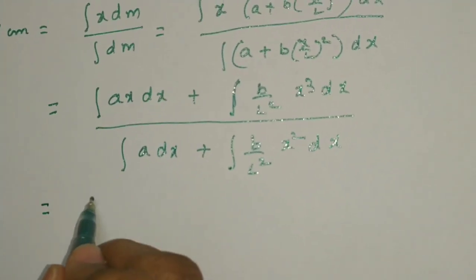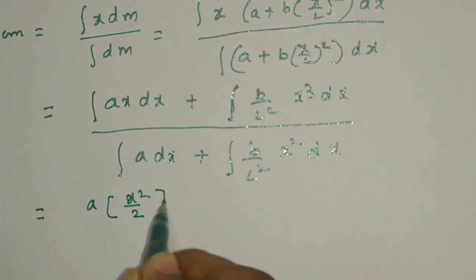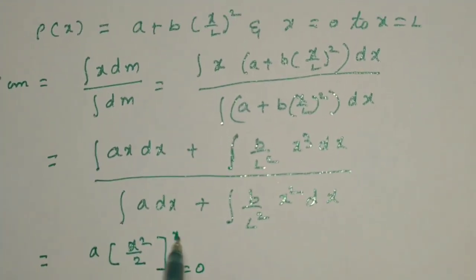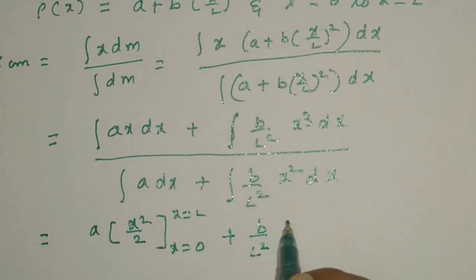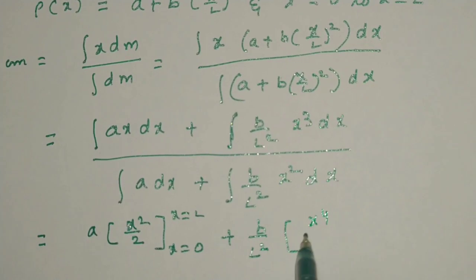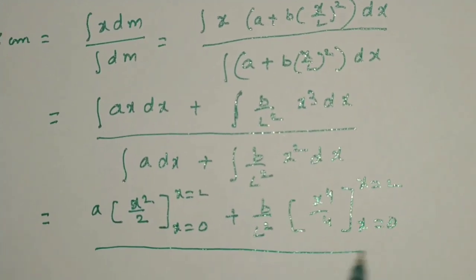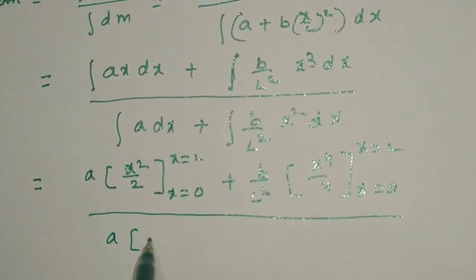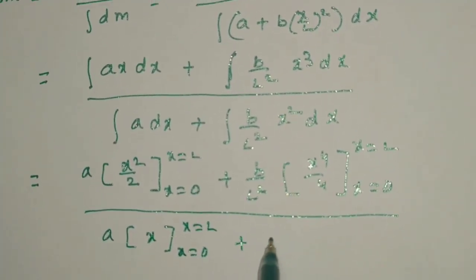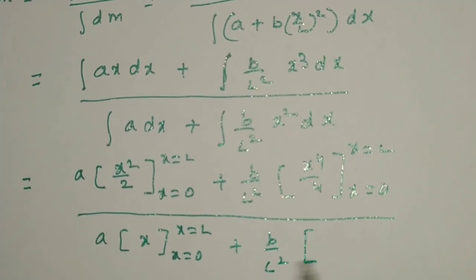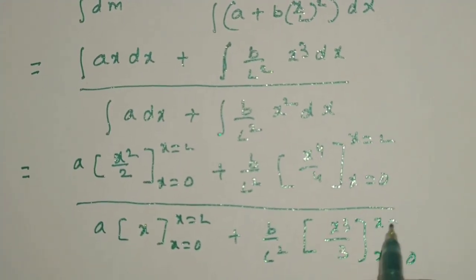Integral a x dx is a times x squared by 2, with limits 0 to L, plus b by L squared times integral x cubed dx, which is x to the power 4 by 4, limits 0 to L, whole divided by integral a dx, which is a x, limits 0 to L, plus b by L squared times integral x squared dx, which is x cubed by 3, limits 0 to L.